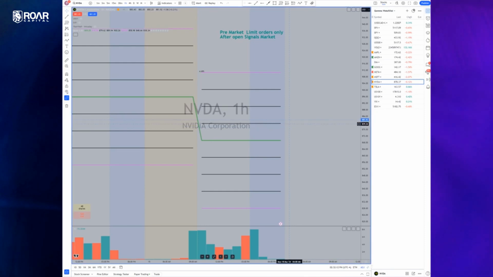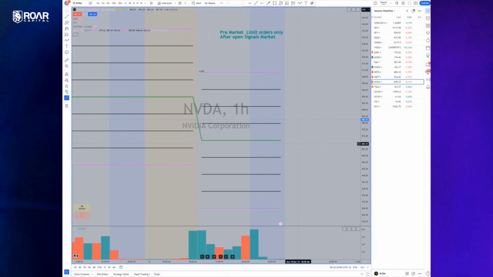Now the problem with those is that depending on where we open, we're not going to know what these levels are beforehand. So we have to do some approximations of where we're going to put our stops for the pre-market limit orders. Very, very, very important, because this is how you size your trade. All right.